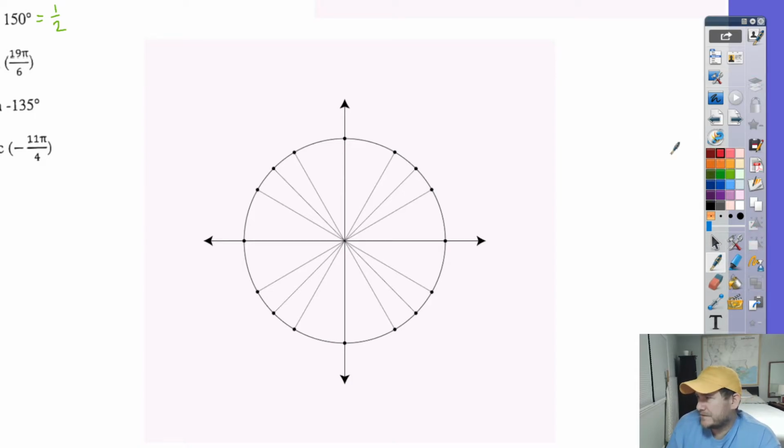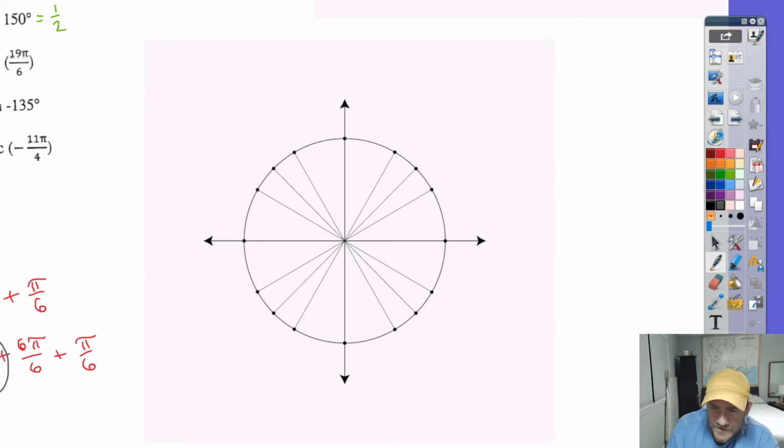19 pi over 6, that ought to slow you down a little bit until you go, 19 pi over 6? Well, if I take a clean multiple of 6, like 18, I hope eventually your head gets to a place where you go 19 pi over 6.